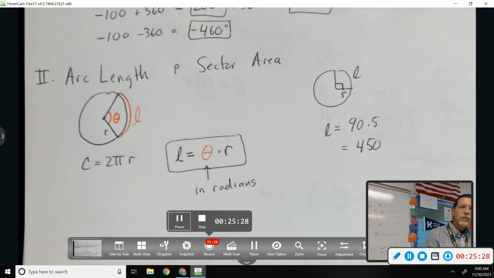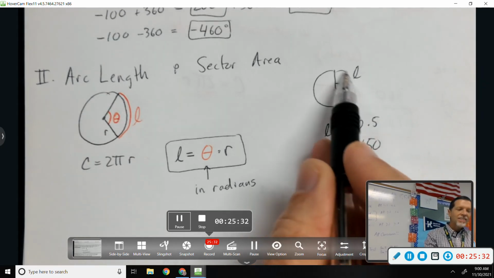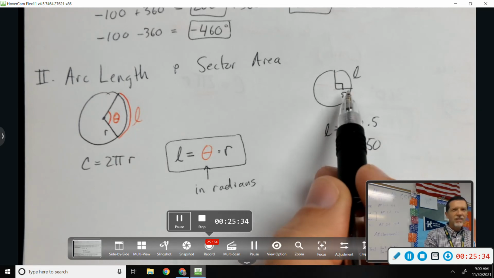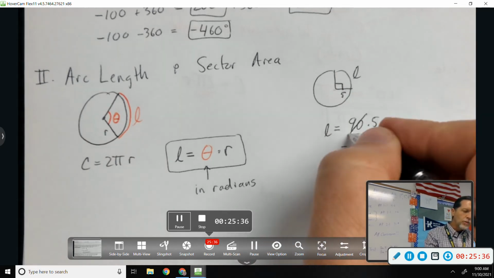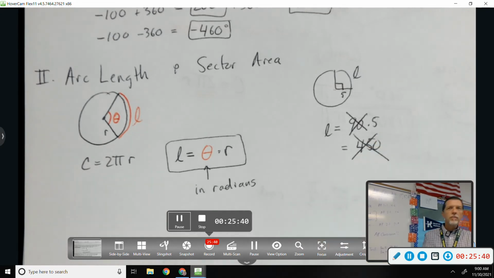Well, wait a minute. If this is 5, that's not 450, right? Because you weren't supposed to use degrees. You were supposed to use radians. So if you're paying attention and you accidentally use degrees, you'll recognize that something is way off.